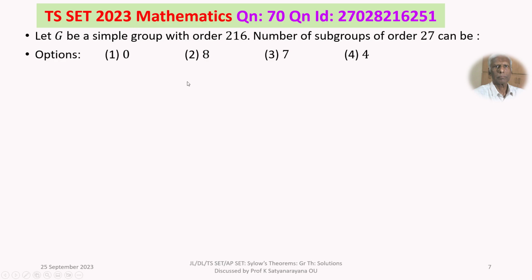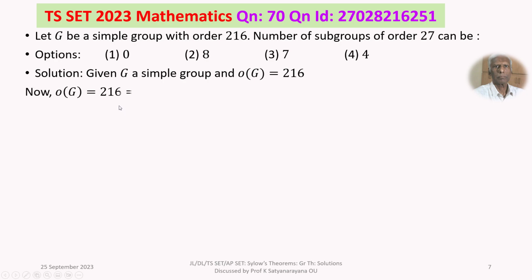So the solution is on similar lines. Write: given G is a simple group of order 216, and write the prime factorization 2 cube into 3 cube. Note 3 cube, because the subgroups of order 27 are in the question. 27 means 3 cube.